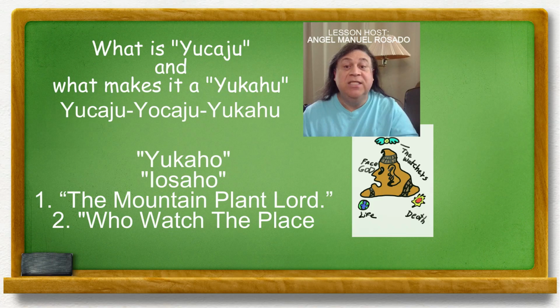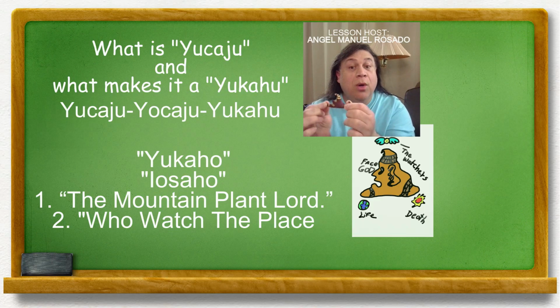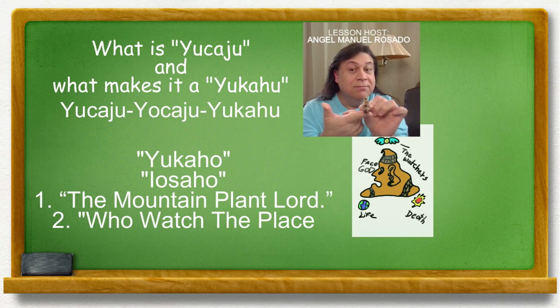Yusahu says the mountain plant Lord. That is exactly what the intention of the Cemi was. The Cemi was intended to be put on the ground for planting. And the next code that goes in Yusahu is, guess what? Who watches the place. So it's an entire sentence that says the mountain plant Lord who watches the place.